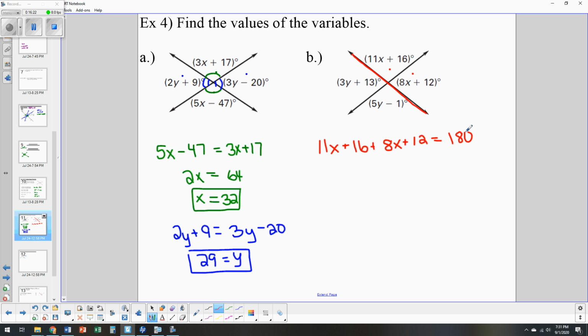Linear pairs are supplementary. So combining like terms, we get 19x plus 16 and 12 is 28 equals 180. So 19x, if I subtract 28, equals 152. So x equals 8.